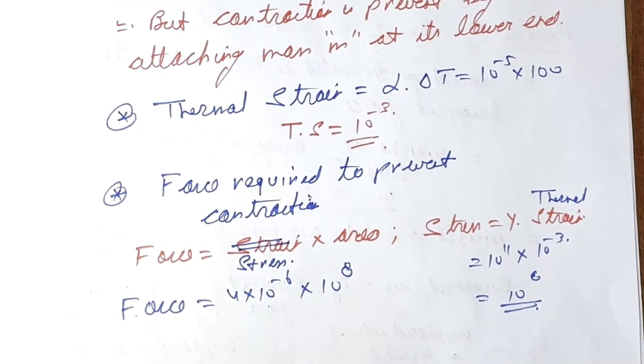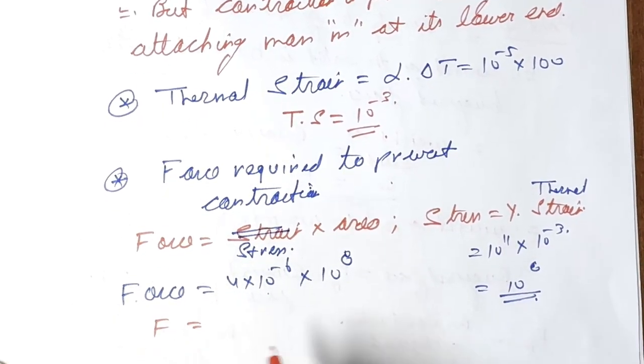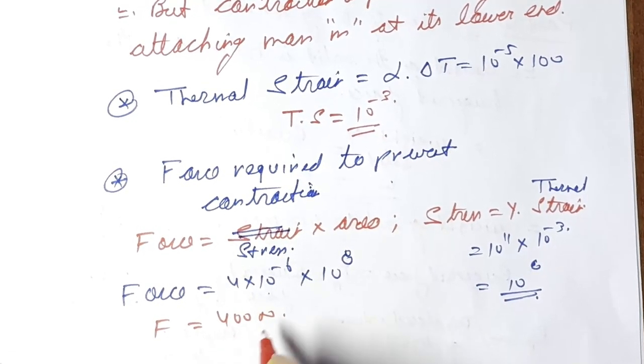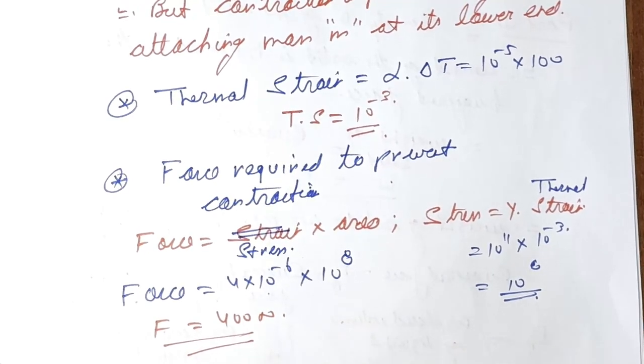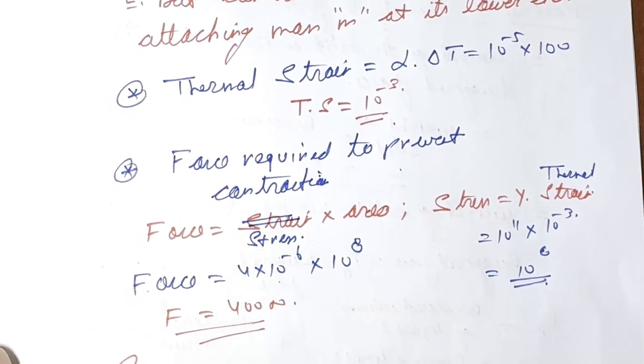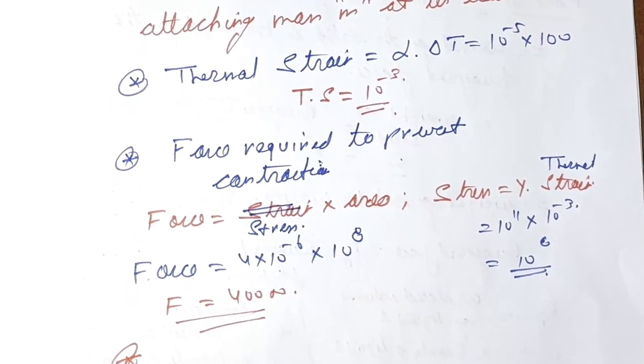The force F is now equal to 400 Newton. So we were able to find the force, and from this force we can easily find the mass.